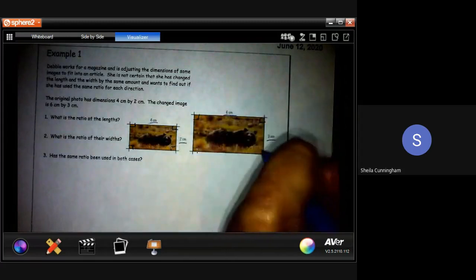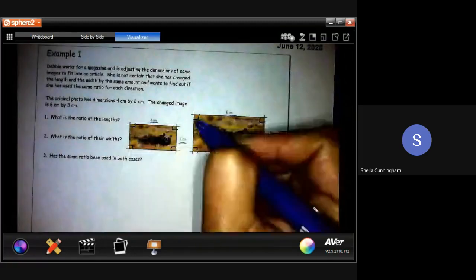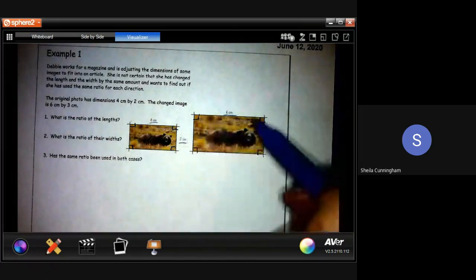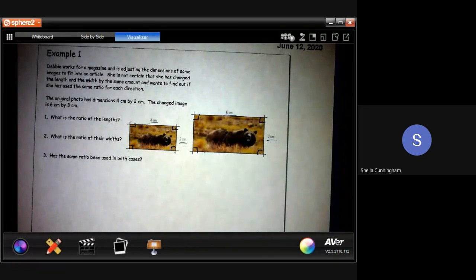And since we're dealing with a rectangle, we're dealing with all those 90-degree angles in the corners. So we know right off the bat, yes, we have 90 degrees in each of the 4 corners of each of the pictures. So that holds true to the one piece of identifying whether or not polygons are similar.